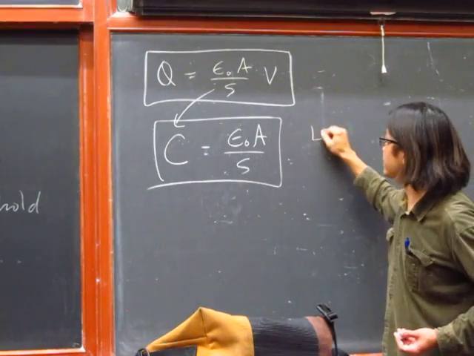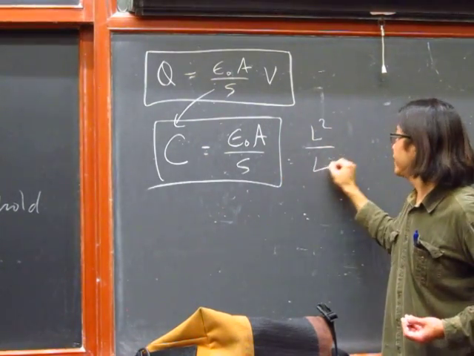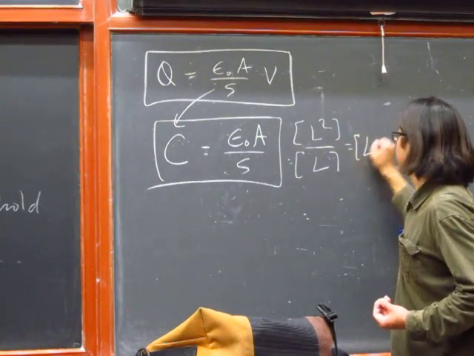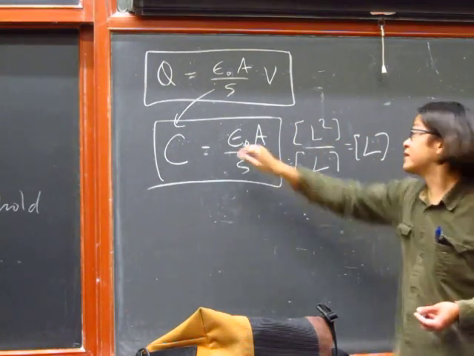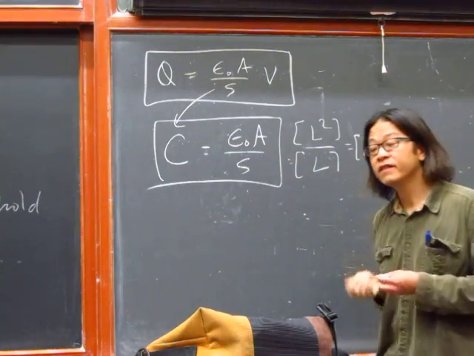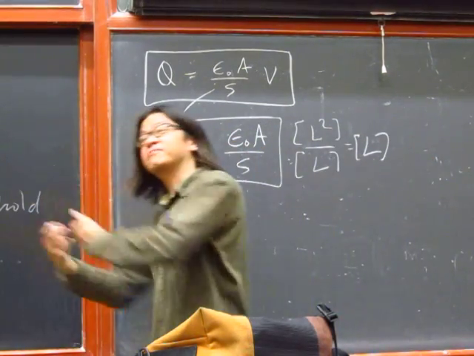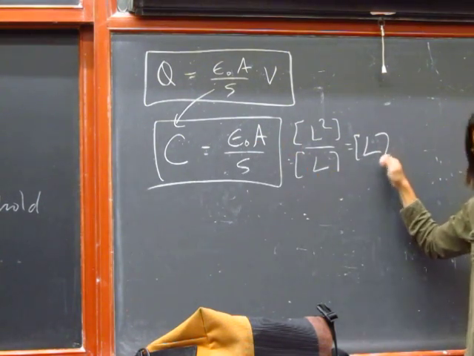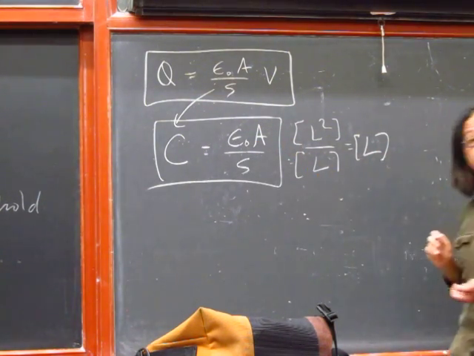This has a unit of L squared, this has a unit of L, so the unit is length, aside from the epsilon naught. Okay, make sure when you calculate your capacitance, you end up with something like this, epsilon naught times L.